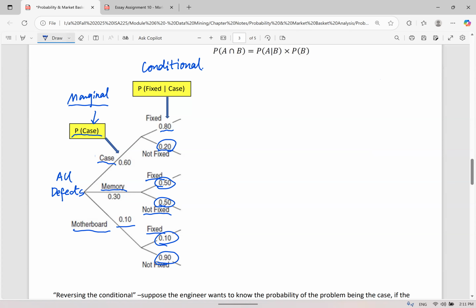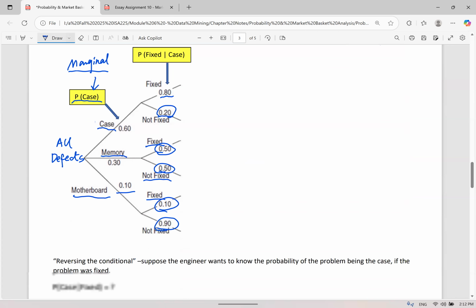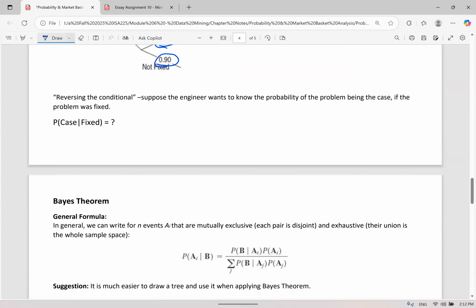Got the idea? All right, so now we have marginal probability and conditional probability. We can guess what our next step is. We want to get the joint probabilities. This probability tree is actually designed to figure out this kind of problem.